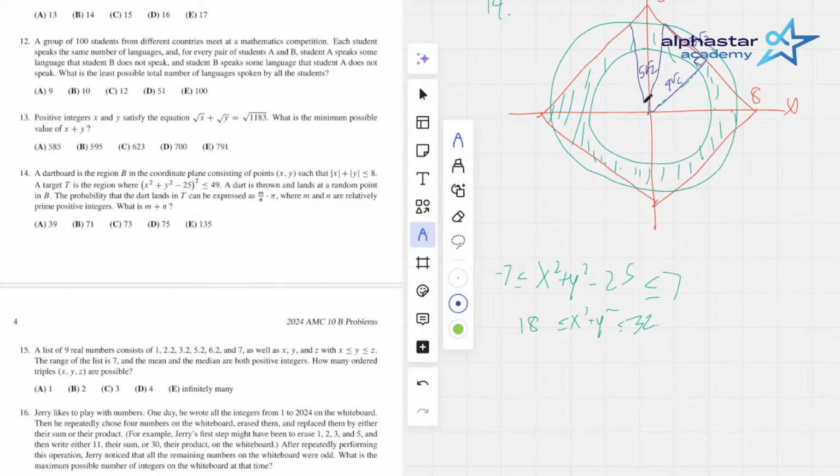And let's see. So that area can be computed as m over n times pi.